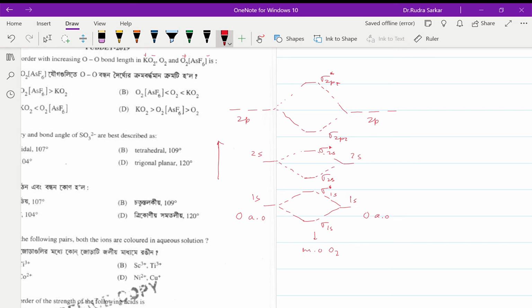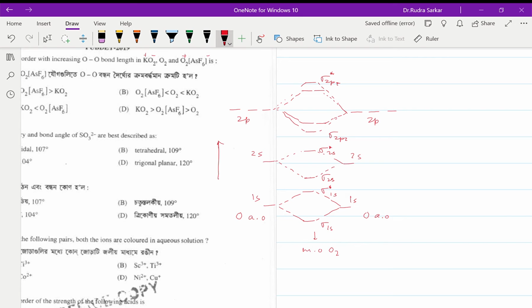Now the other px and py, when they combine, they form pi orbitals, and they are of the same energy, like this. Okay, and the above ones are anti-bonding, the below ones are bonding.